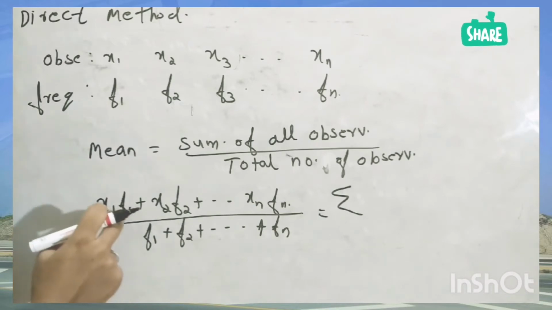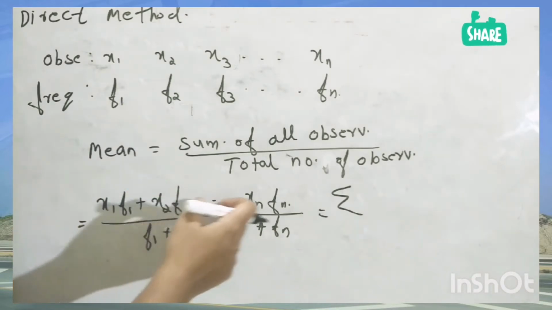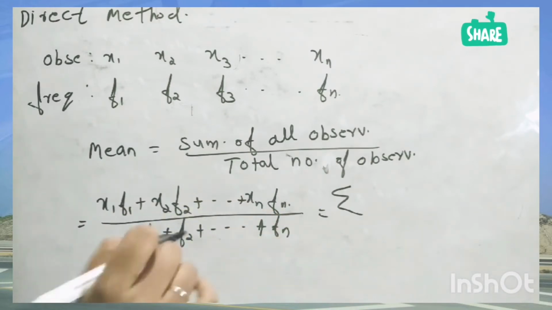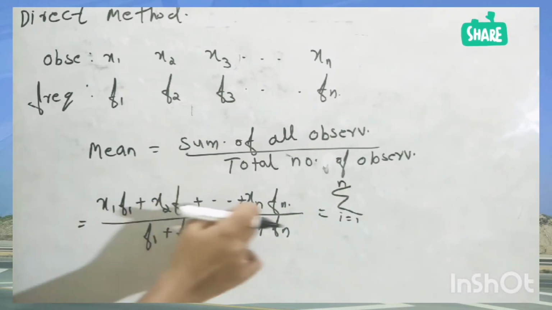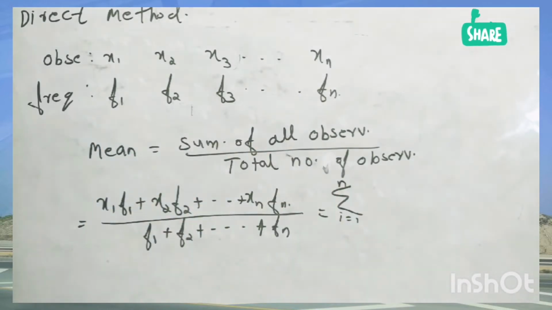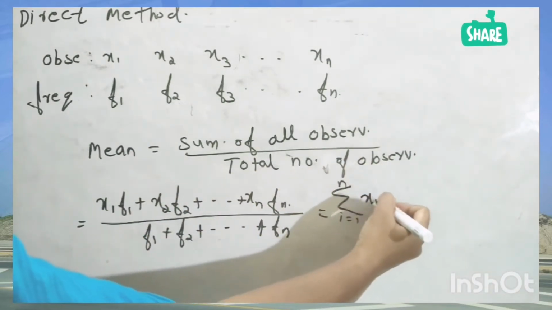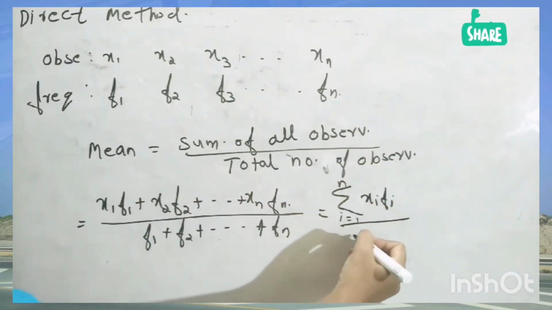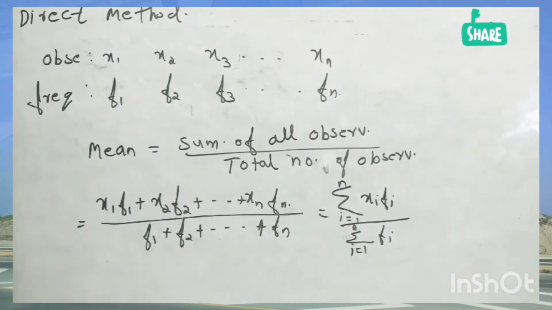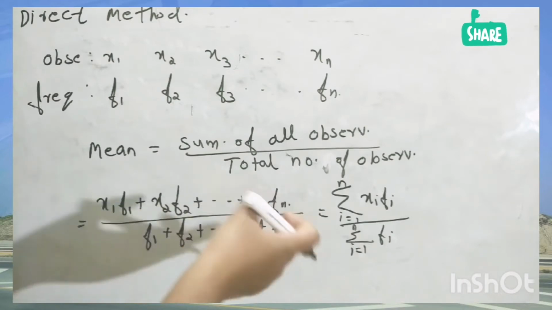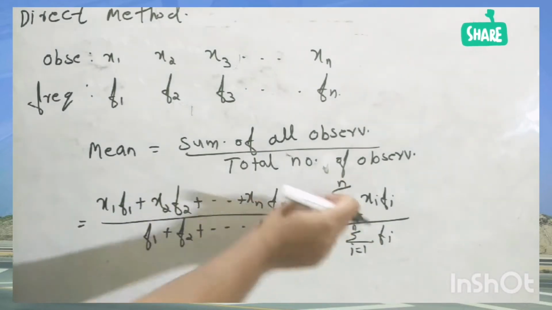Instead of writing x1 f1 plus x2 f2 plus etc. plus xn fn, we can write summation i equal to 1 to n of xi fi, divided by summation i equal to 1 to n of fi.